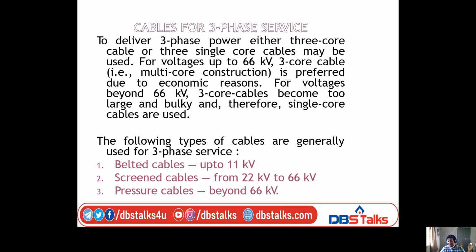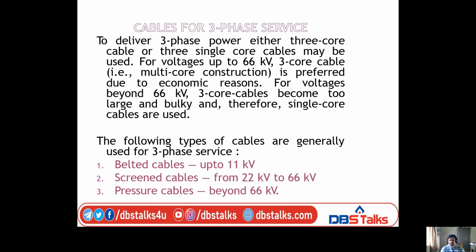Last class we discussed the construction of cable. In that constructional figure, we showed the three cores. Suppose voltages are beyond 60 kV, that is 132 kV, 220 kV, 440 kV or 750 kV. These three core cables become too large and too bulky. Therefore, single core cables are used.